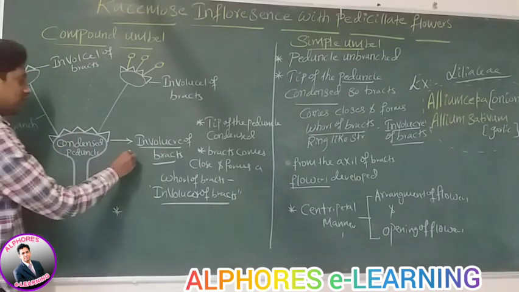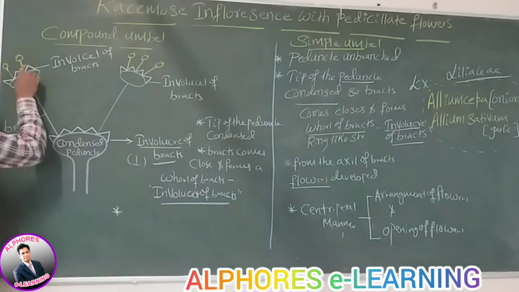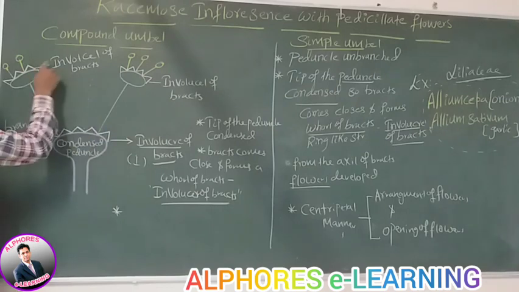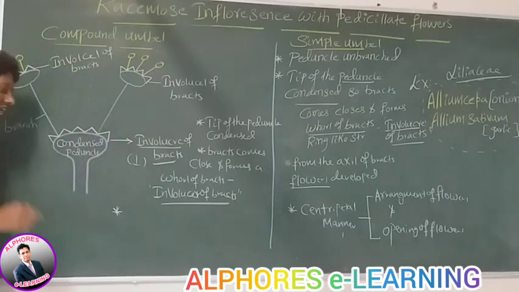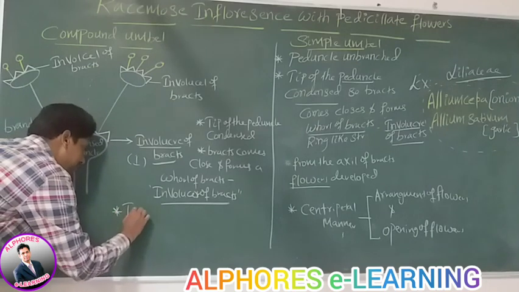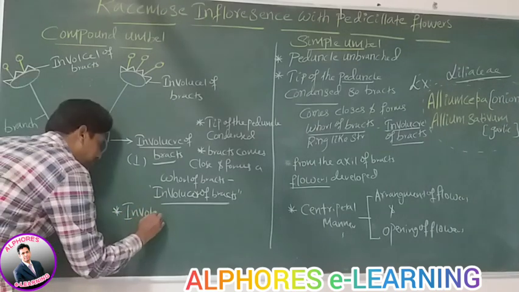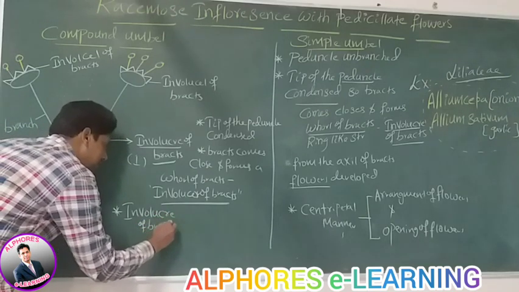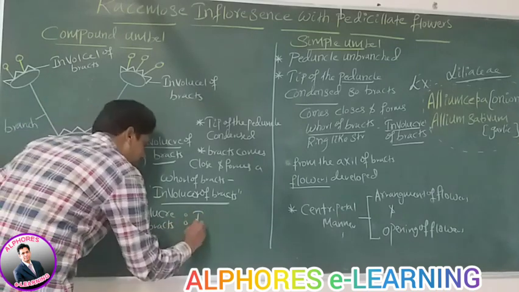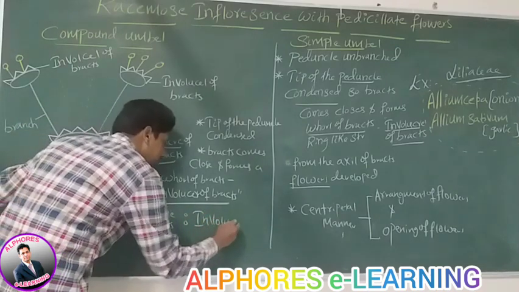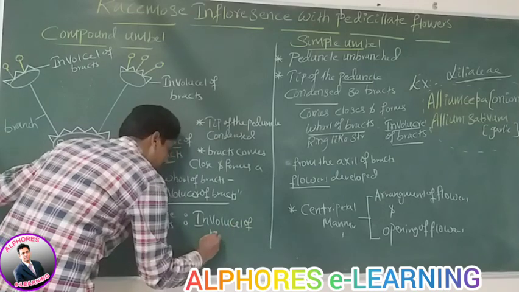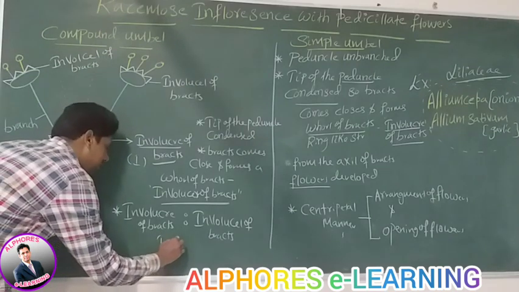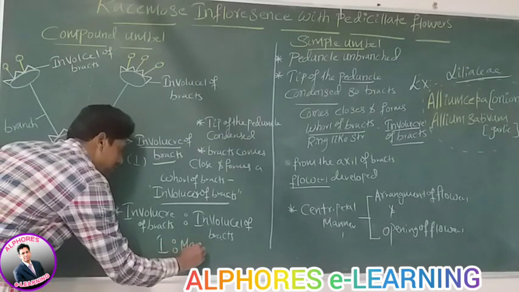Now, see this diagram. In this diagram, the involucre of bracts is 1, whereas the involucres of bracts are 2. It means the ratio of involucre of bracts is 1:many. Involucre of bracts to involucre of bracts, the ratio is how much? 1:many.